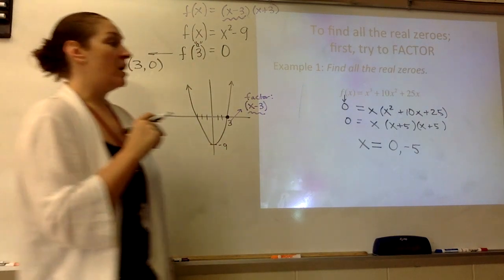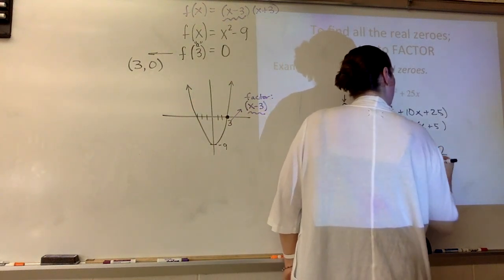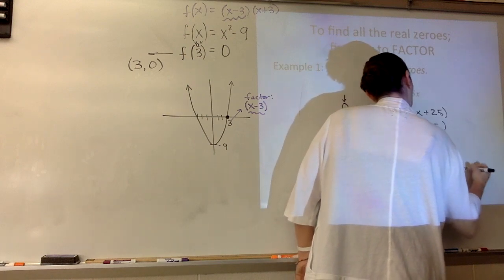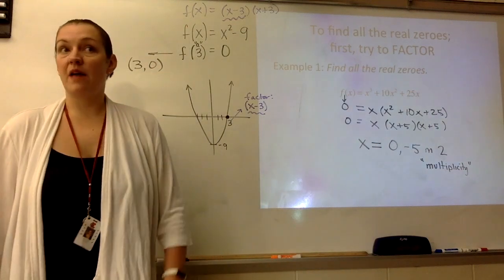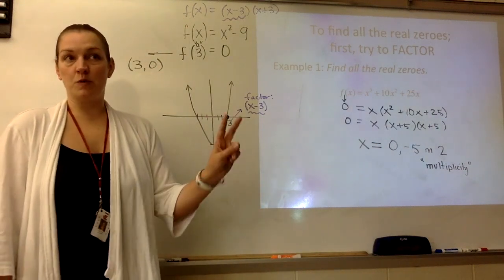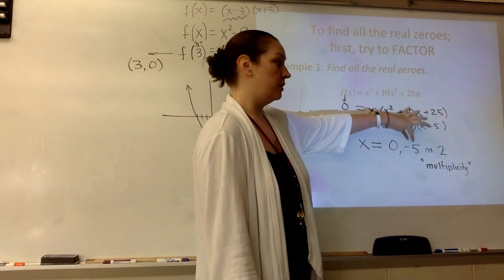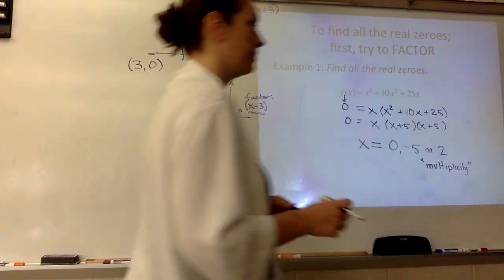All right? We also could call this negative 5 with m equals 2, where the m stands for multiplicity. So that means I've got a negative 5 twice. Now I have 3 answers. 1, 2, 3. Questions on that?